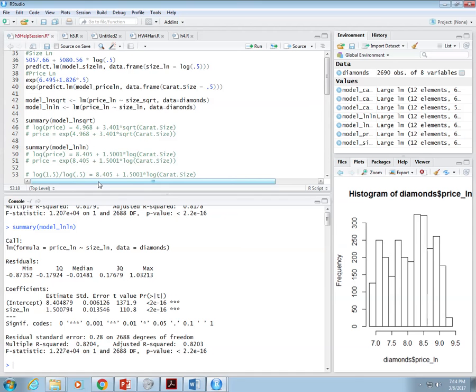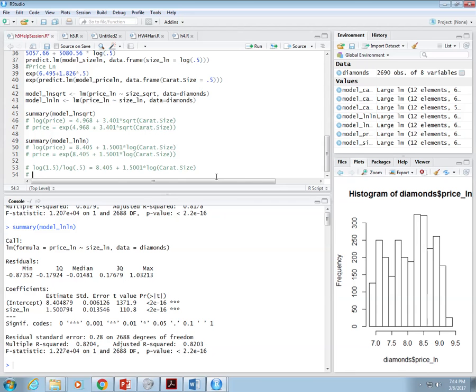And that would be the amount that, if you're used to your rules of logs, the log of something divided by the log of something is the same as the log of that minus something inside the log. So what I just said is 1.5 minus 0.5 is equal to this above.